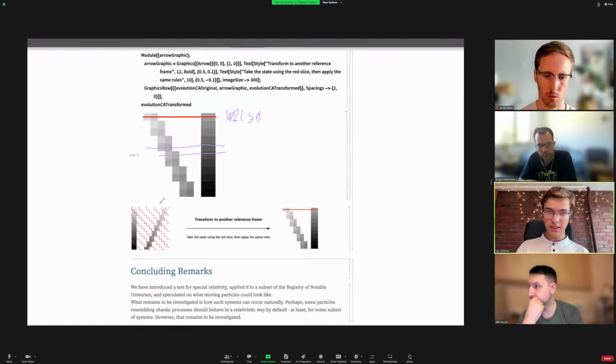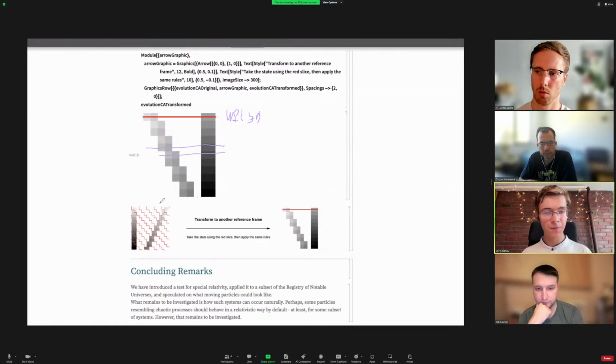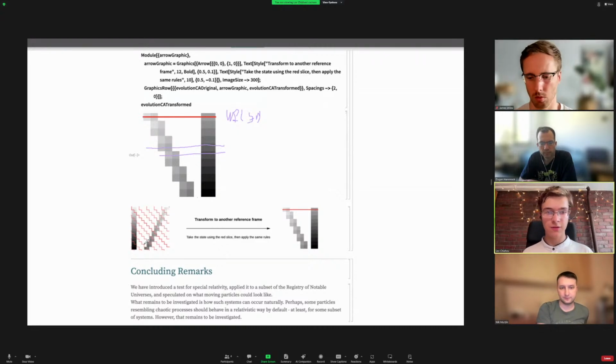However, the main thing is that all inertial reference frames should be indistinguishable. We should not have a privileged reference frame, and what you want for this sequence of states obtained from tilted foliations is for the rules to apply between these states too.